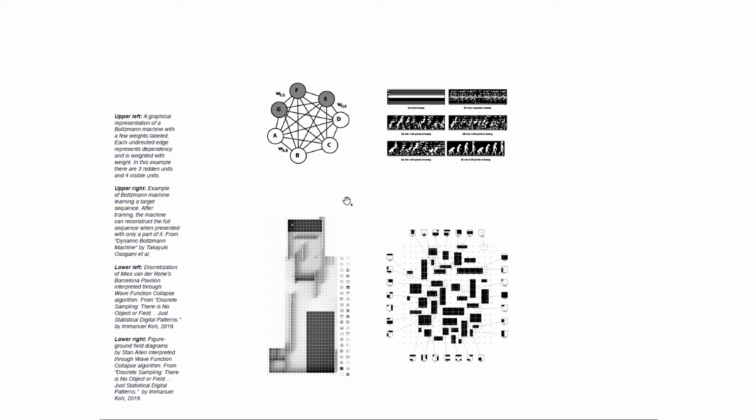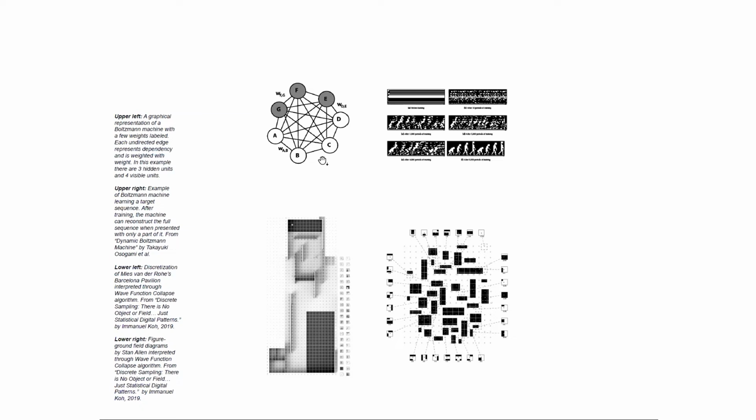They're basically some kind of neural networks, and this is one example I found where these machines can learn a sequence. So you can teach them how a certain sequence or a certain image looks, and then this machine is able to reconstruct the sequence from partial information.